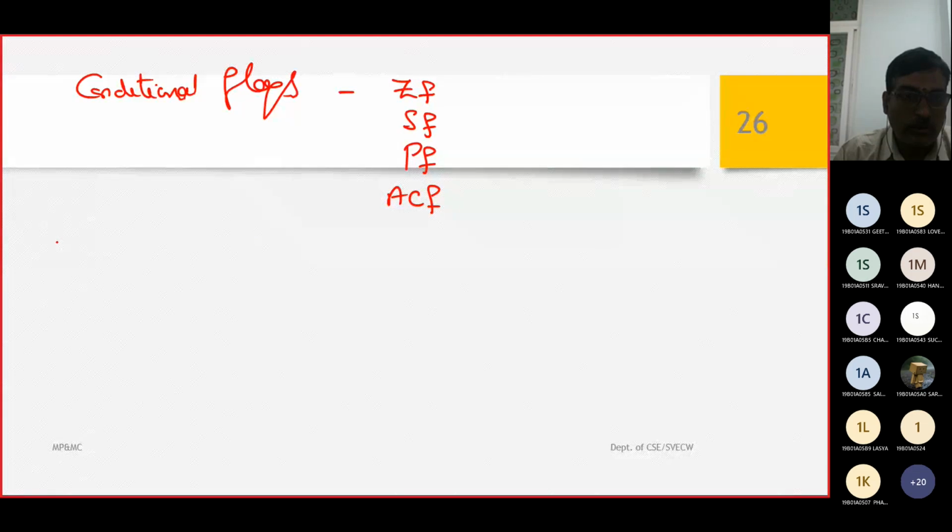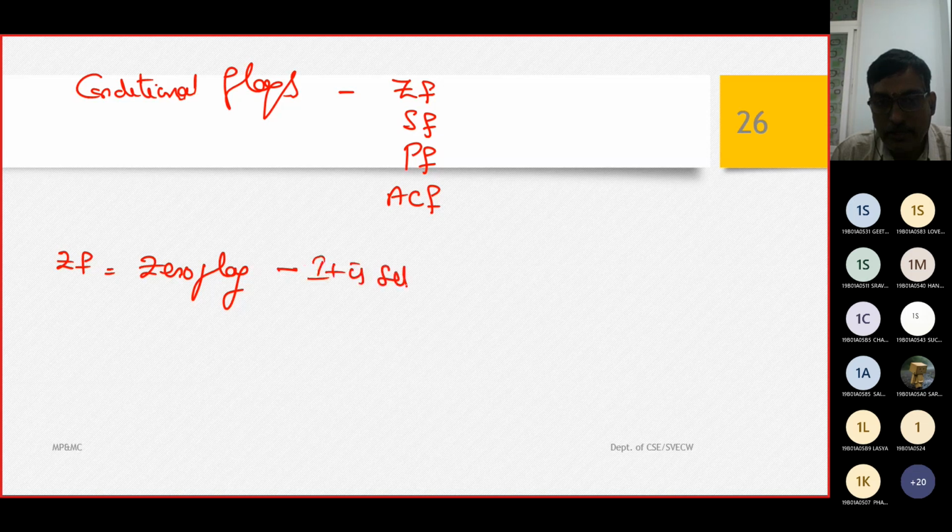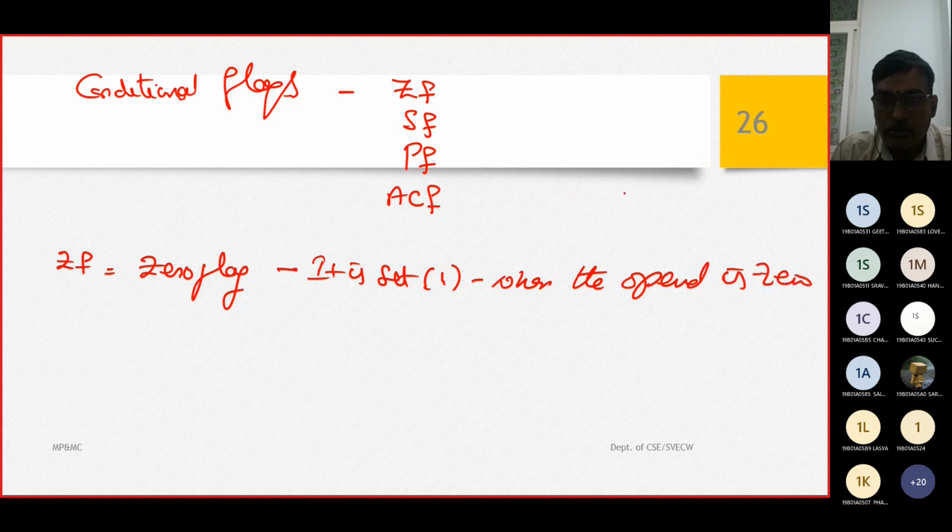Now let us see what ZF is. ZF we are going to call the zero flag. What this zero flag is going to indicate is that it is going to be in high state. High state we are going to call the set state when the operand is 0.